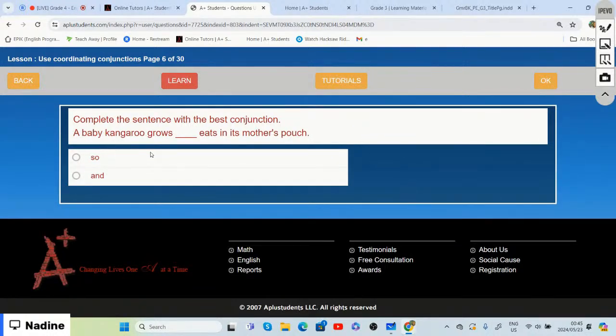A baby kangaroo grows, so eats in its mother's pouch, or do we say a baby kangaroo grows and eats in its mother's pouch? Which one is correct? Option one, which is so, or option two, which is and.